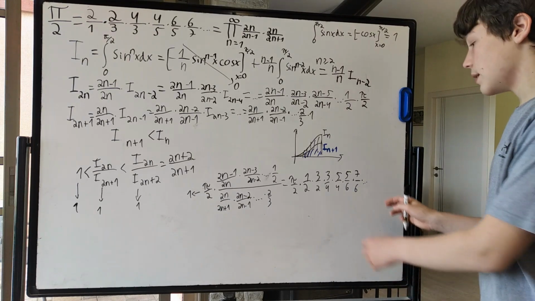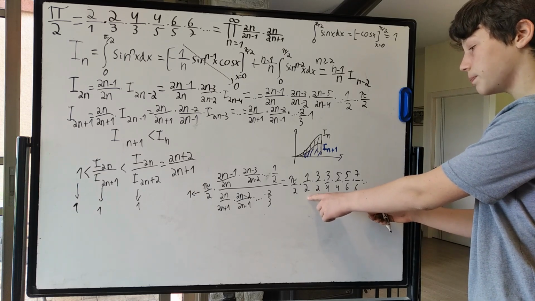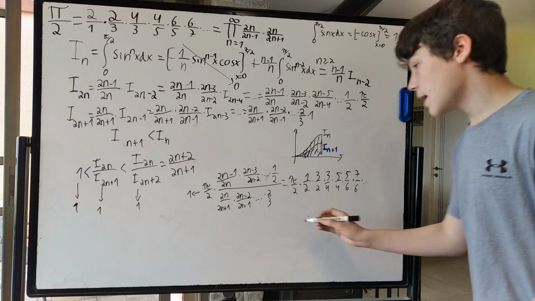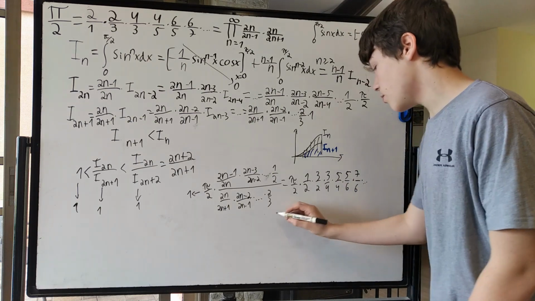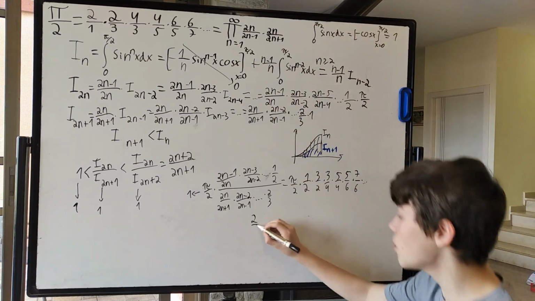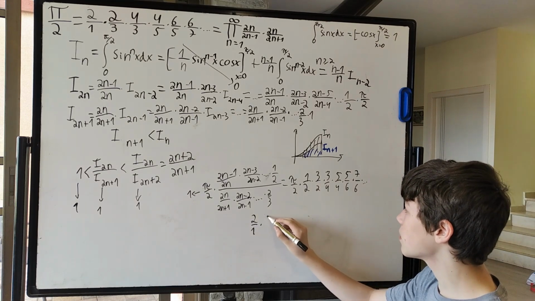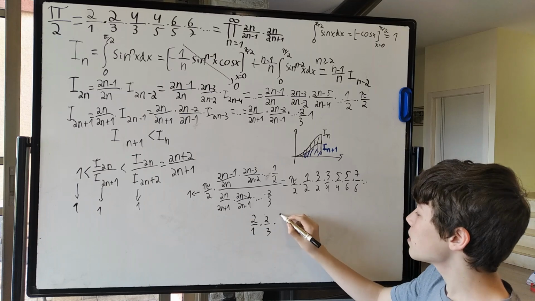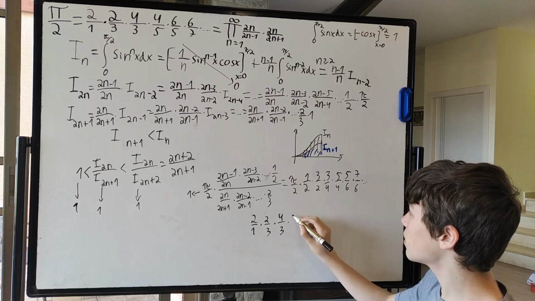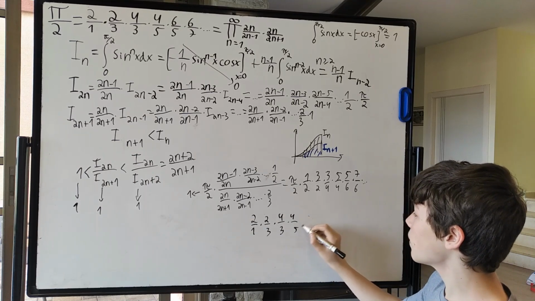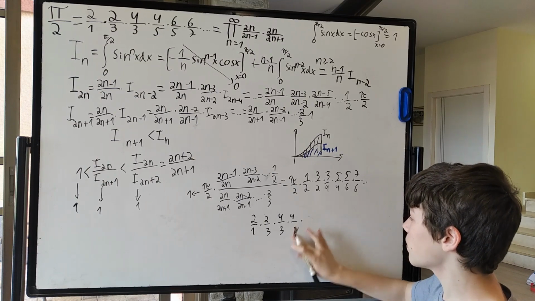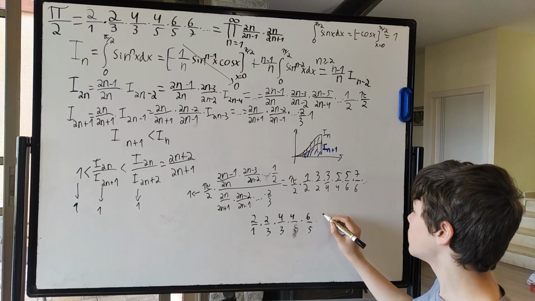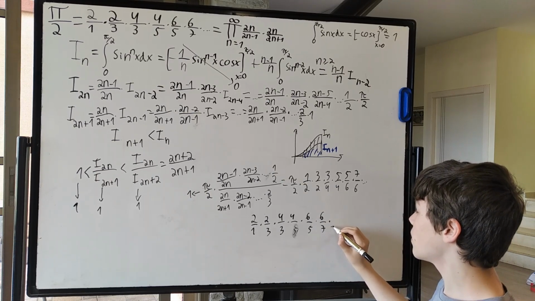And so if we divide by this, it'll just be like doing 1 over each of these, and we'll end up with 2 over 1 times 2 over 3 times 4 over 3 times 4 over 5 times 6 over 5 times 6 over 7, and so on.